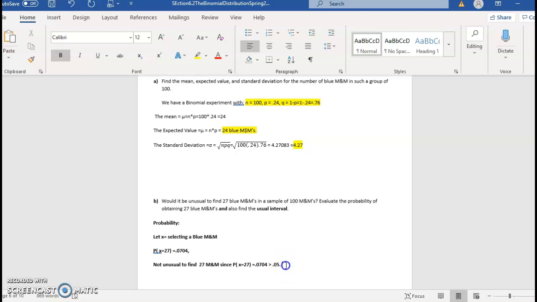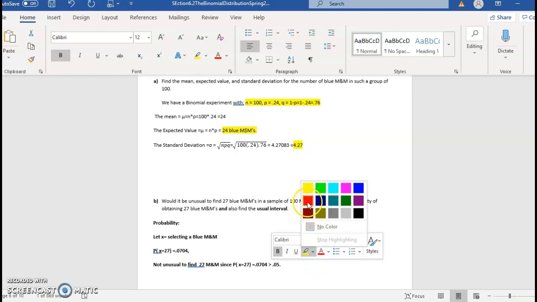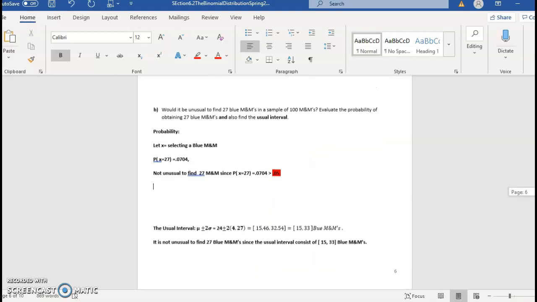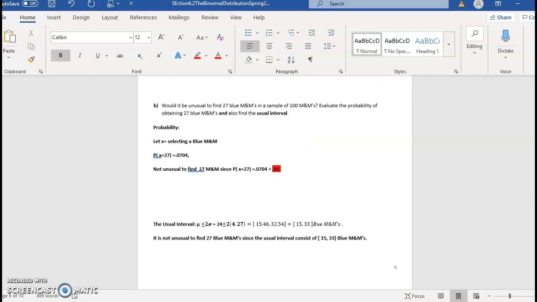The 0.05 is technically from section 5.1. So for this particular problem, there are two possible ways to answer the question of whether 27 M&Ms is unusual to be found from 100, and they both agree.